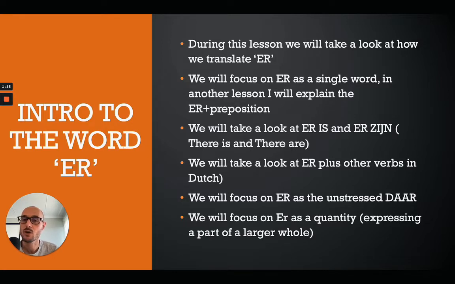So we just focus on "er" as a single word. Then we'll take a look at "er is" and "er zijn", there is and there are. We will take a look at "er" plus other verbs. We will focus on "er" as the unstressed "daar", and we will focus on "er" as a quantity, so expressing a part of a larger whole. So today we've got quite a bit of things to do, so let's go straight for it.